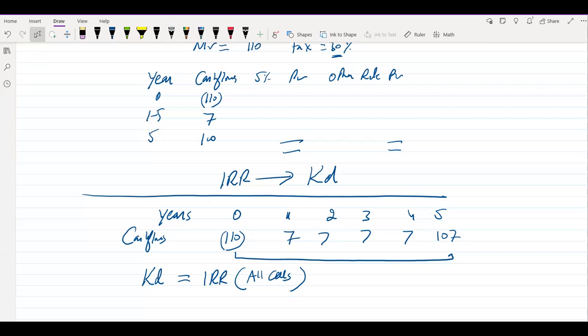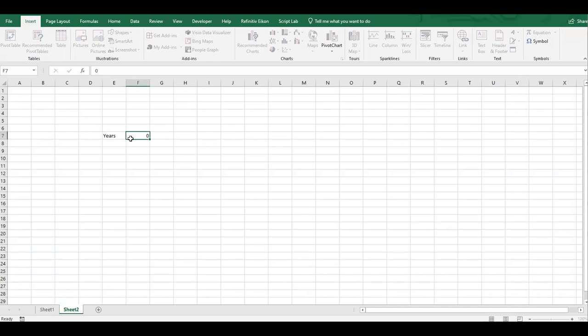Okay, let's suppose this is the example. First of all, write years 0, 1, 2, 3, 4, 5. Write the cash flows: negative 110, 7, 7, 7, 7, and 107. Now calculate KD.